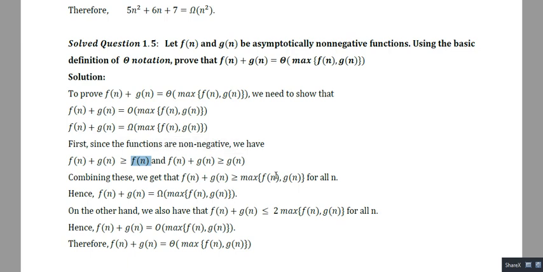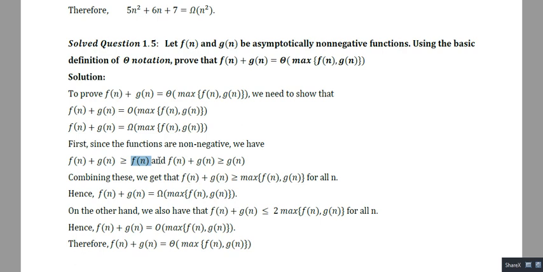Right. For example, we are writing x greater than 3 and x greater than 5. If we are combining these two, then we will be getting what? X greater than 5, because 5 is maximum out of 3 and 5, right? So if we are writing x greater than 5 it is also satisfying x greater than 3, right?